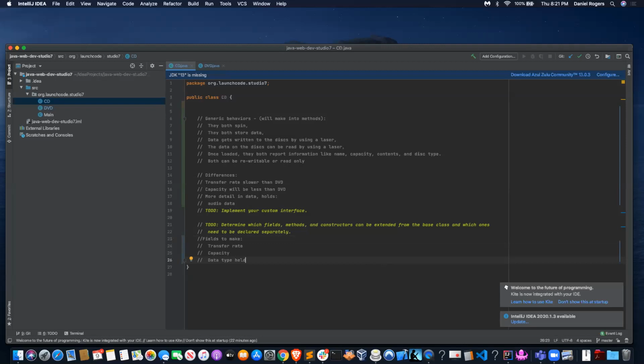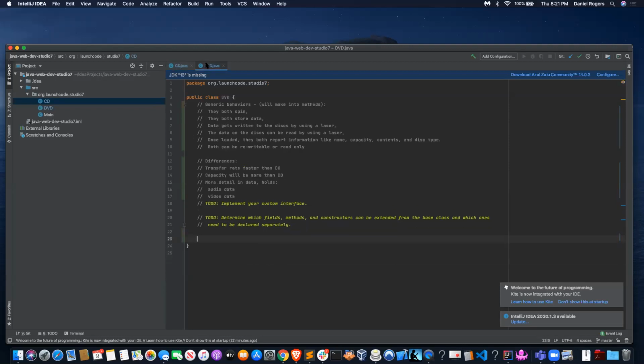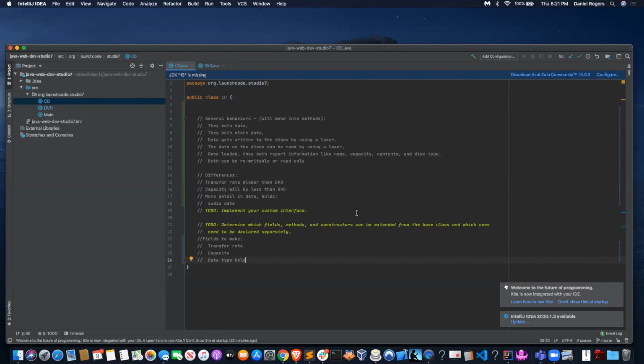Right, yeah, I think that's what it's getting at. So basically we can make these generic fields in CD, and all those are going to be used in DVD. But we might want to add one or two to DVD, and obviously the methods will be different as well. So some might be the same though.